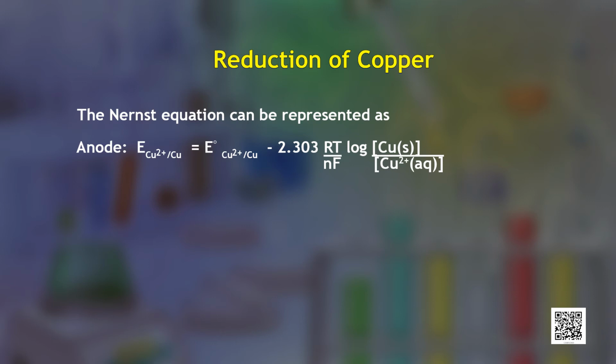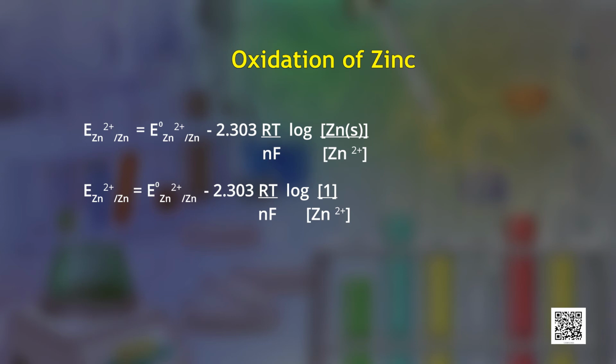Since the concentration of copper is taken as 1, we can simplify the expression as cell potential for reduction of copper is equal to standard reduction potential for copper minus 2.303 RT upon nF log 1 upon concentration of copper ions. Similarly, cell potential for oxidation of zinc is equal to standard reduction potential for zinc minus 2.303 RT upon nF log 1 upon concentration of zinc ions.